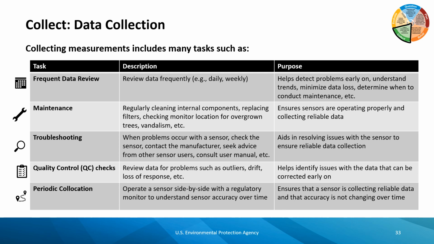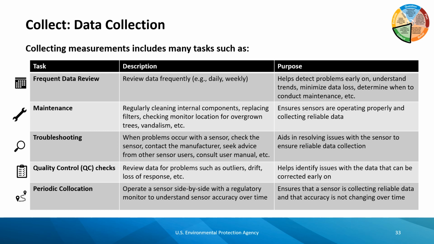The fourth step in planning a study is collect. Collecting high-quality measurements includes many additional tasks beyond setting up the sensors to start recording data. Frequent data review helps detect problems early on, minimizes data loss, and determines when to conduct maintenance. Sensor maintenance, such as cleaning internal components and replacing filters, ensures that sensors are operating properly.